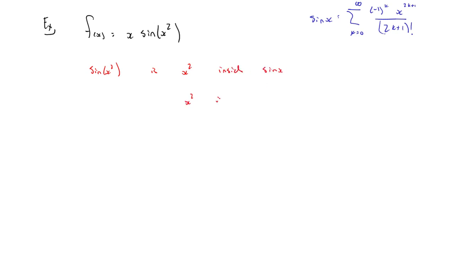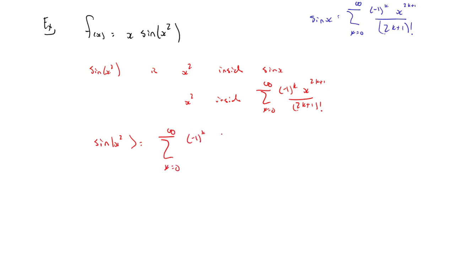And so it's x squared inside of that series with the alternating odd powers and odd factorials. And so we can say sine of x squared is going to equal, still alternating, but now we have x squared raised to the 2k plus 1 over 2k plus 1 factorial.